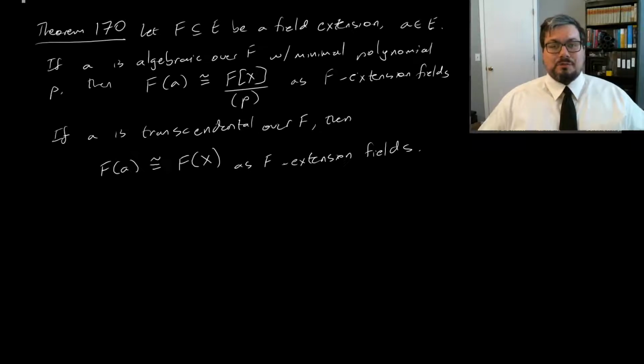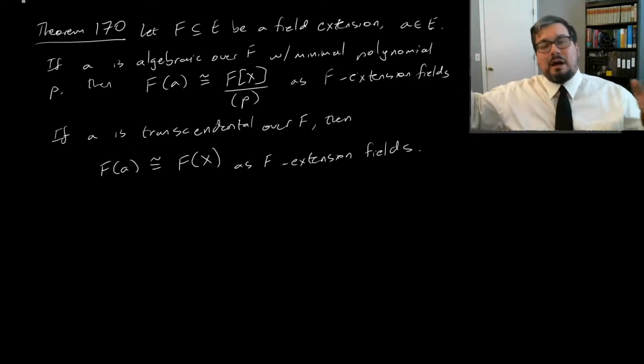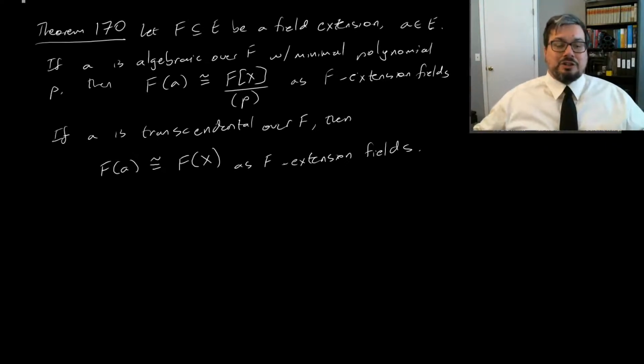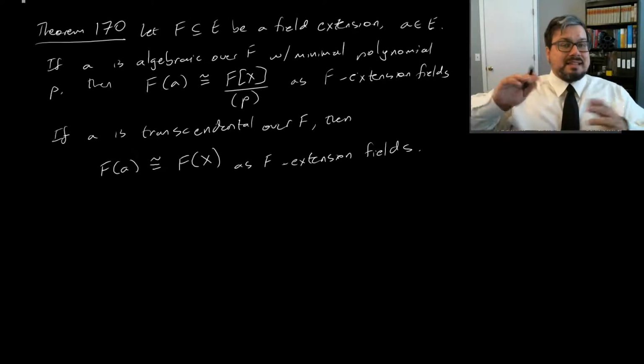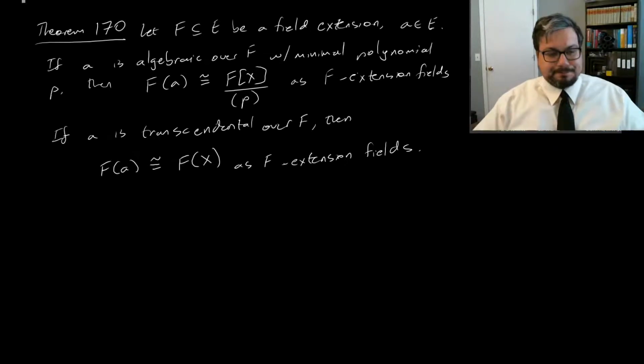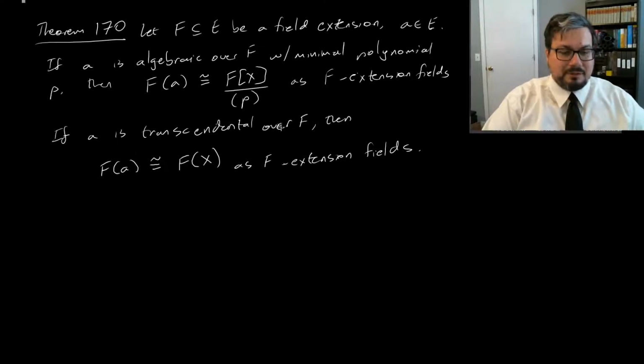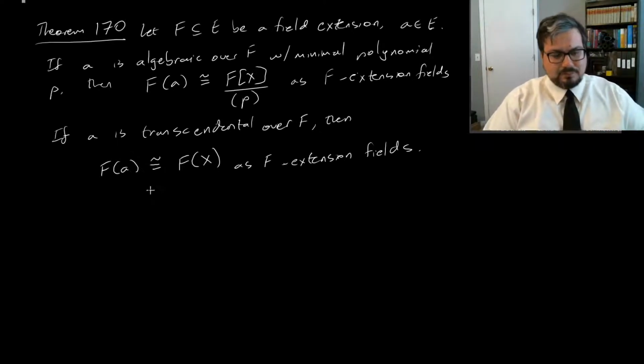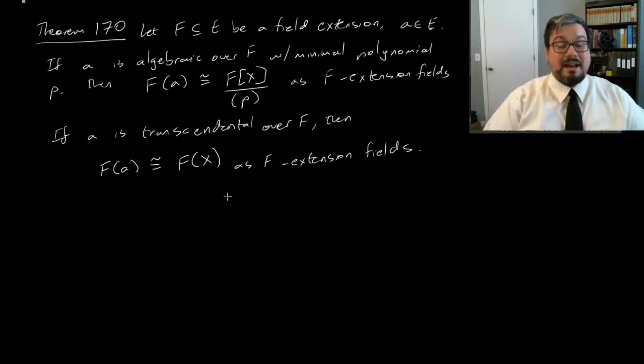A transcendental element over the field F is an element that transcends anything that F understands. It transcends any polynomial equation in terms of F. And once things transcend what F can detect, they're all indistinguishable from each other. So as far as F is concerned, all transcendental elements over itself are the same, because the smallest field containing it is always isomorphic to just this F(x).